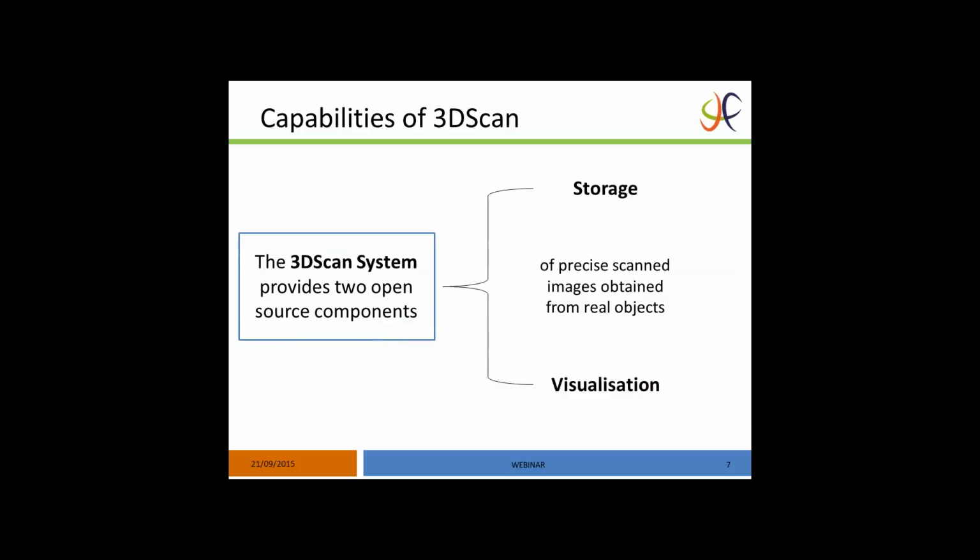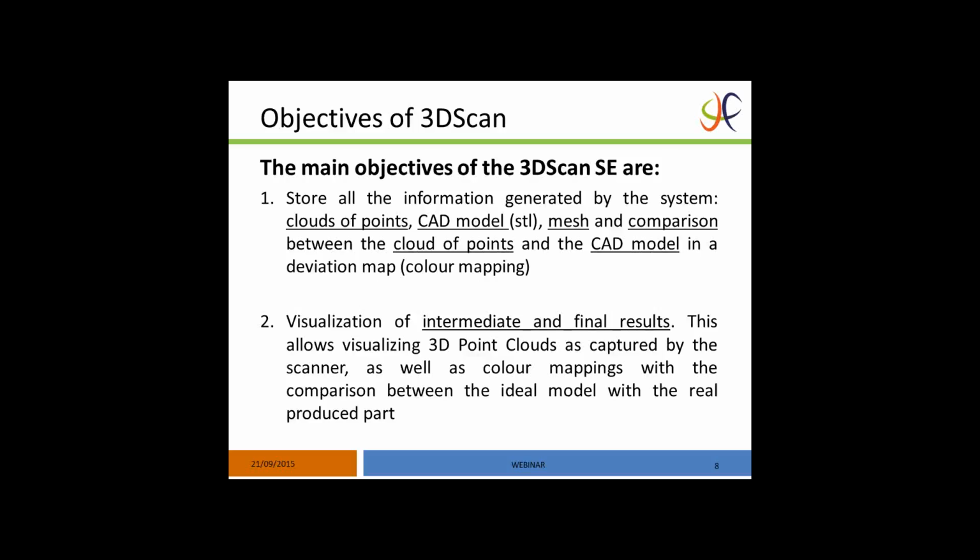As I said, with these two main modules of our 3dScan system, we can store and visualize precise scan images obtained from real objects. Normally, as I said, they are obtained by laser technologies or sometimes other scanning technologies. But for this application, in terms of hardware, we are always talking about non-contact scanning technologies.